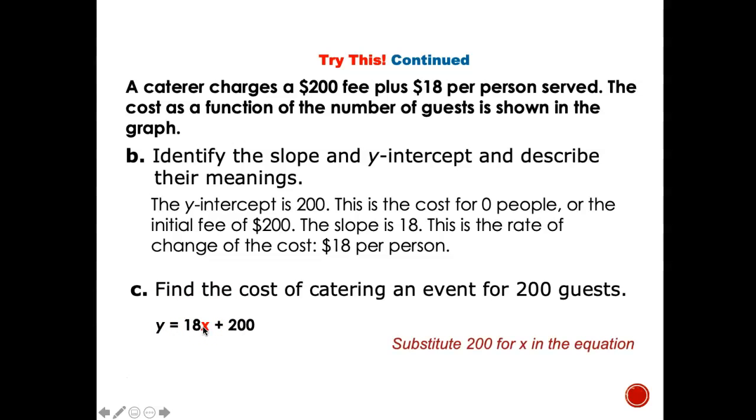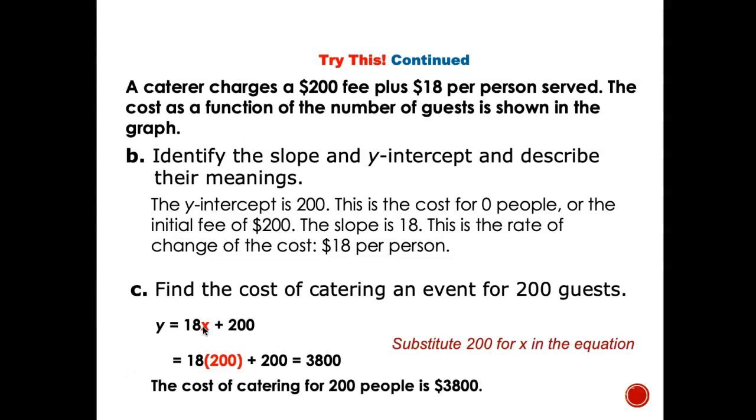So that will be 18 multiplied by 200 people plus the initial value of 200. I used the calculator and it's 3,800. So the cost of the catering for 200 people is $3,800.